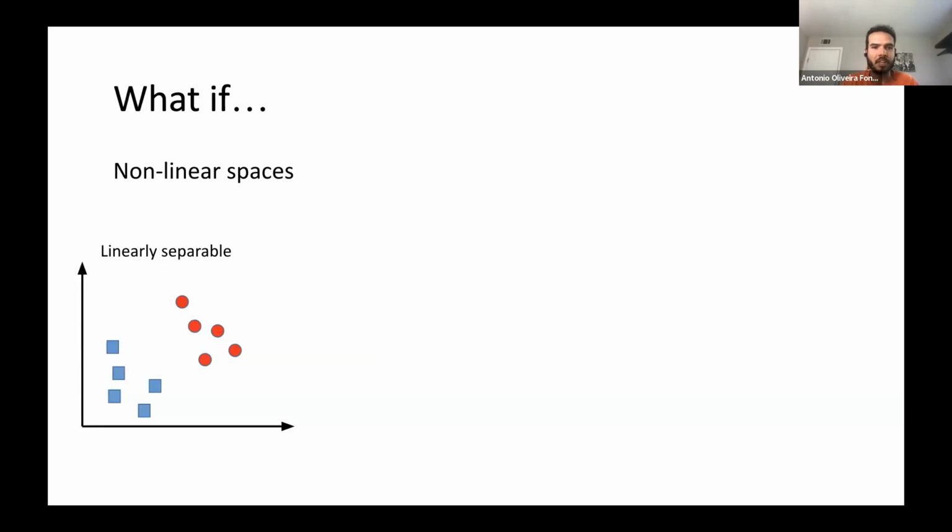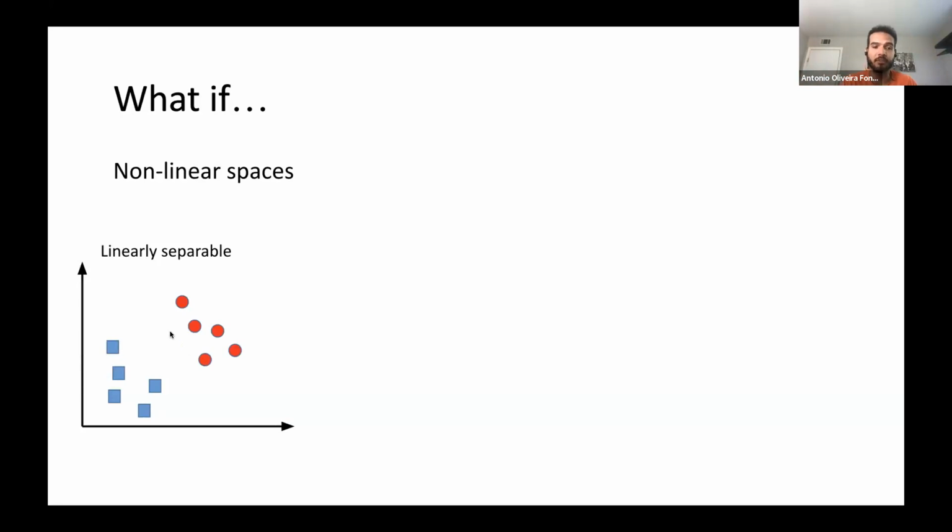One last point about this. I have been talking a lot about these linear spaces. Examples like these data sets could be separated by a single hyperplane, in this case a single line. Again, the hyperplane has dimensionality n-1.